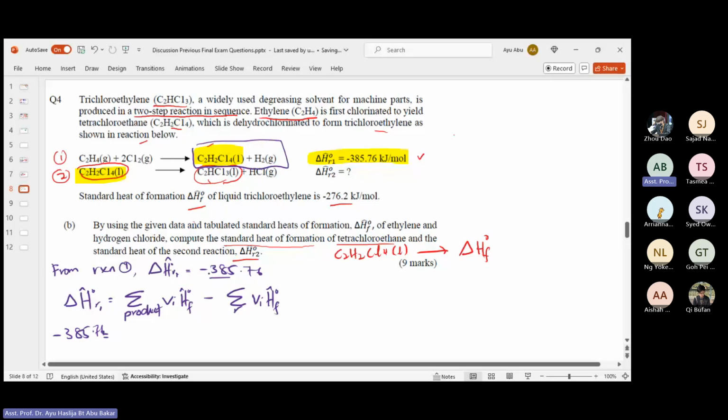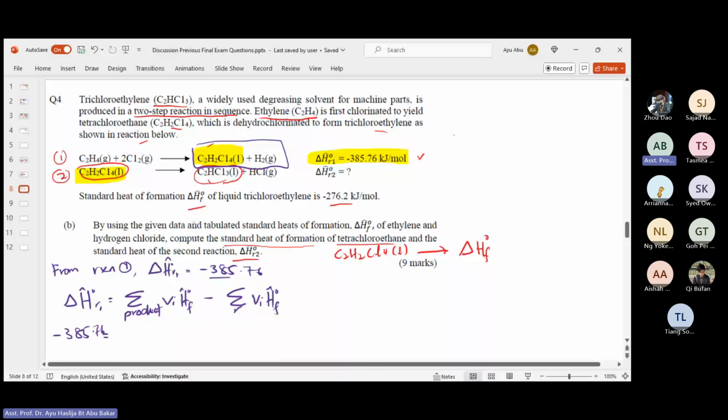The heat of reaction is equivalent to the total heat generated by the products minus the heat generated by the reactants. Your products for reaction 1 are hydrogen and tetrachloroethane.